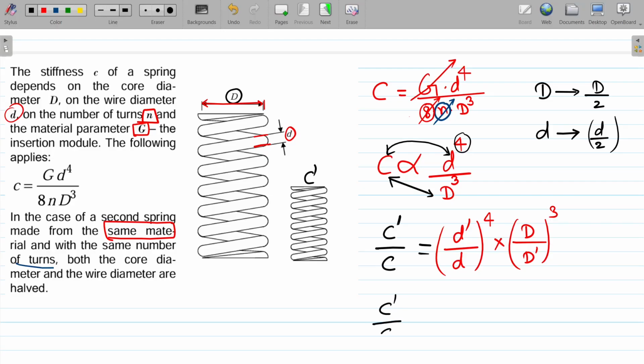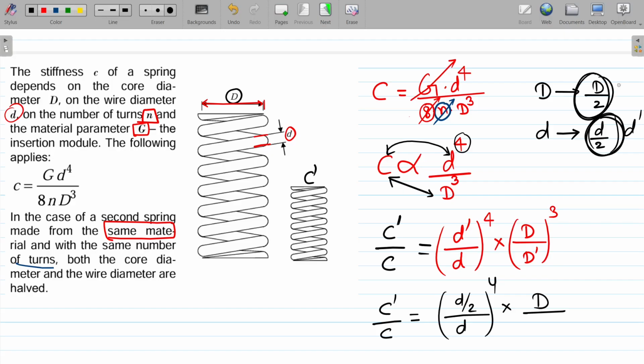So let us see, C dash upon C should be equal to d dash upon d, raised to power 4, into capital D upon D dash, cubed. See, this is my new diameter, that is the D dash. So D dash is D by 2 and the initial diameter was capital D, the core diameter.